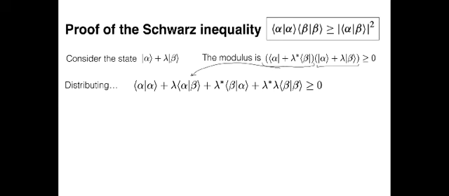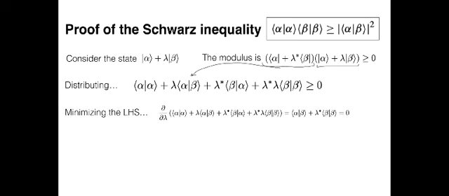It's pretty elementary. Now we can decide to consider lambda and lambda star as being independent variables, which is always true because lambda and lambda star depend on two numbers, the real part and the imaginary part. So we really have two independent variables. So we can decide to try to minimize this function here with respect to lambda.